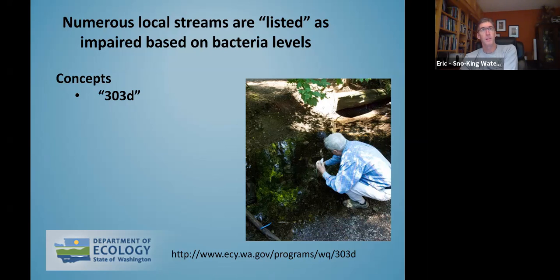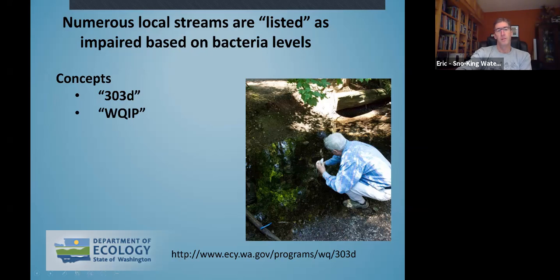If somebody thinks that a creek might have a pollution problem, they collect data that says the bacteria level is too high or the temperature level is too high, then they'll submit that data to the Department of Ecology, who add it to this 303D list. So if you want to look up which water bodies are polluted with different types of pollutants, you can search for 303D listings for the creek that you're concerned about.